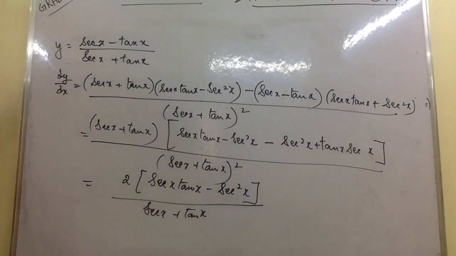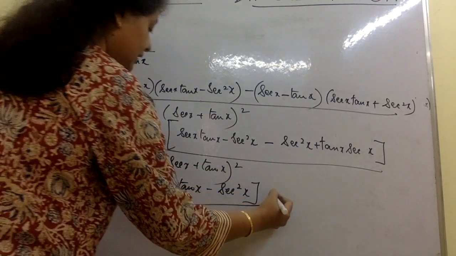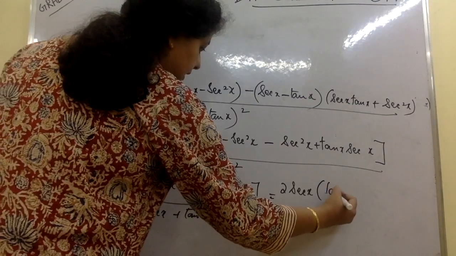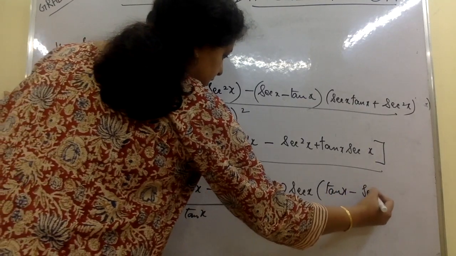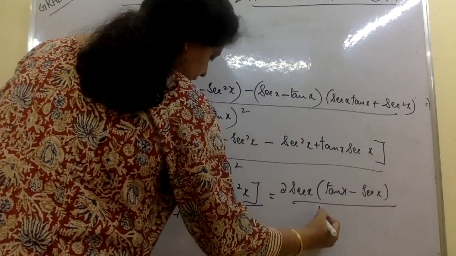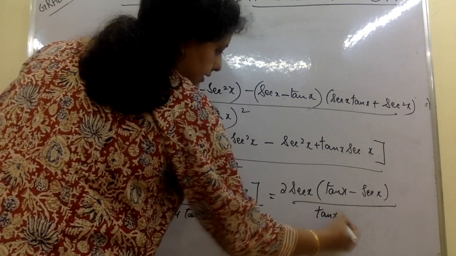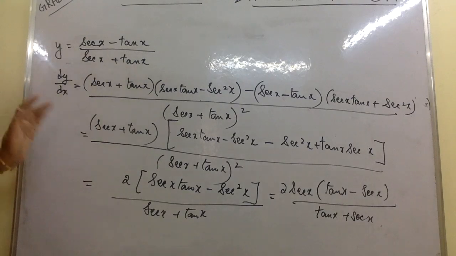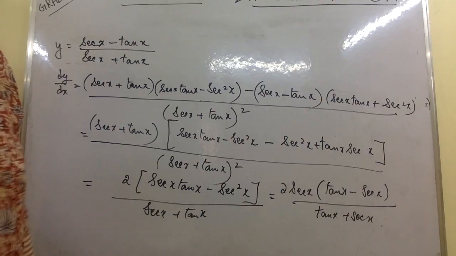Okay, now from here too we can extract one sec x, 2 sec x and tan x minus sec x and tan x plus sec x. That is our final answer. Okay, we can't proceed any further. So that was our u by v.